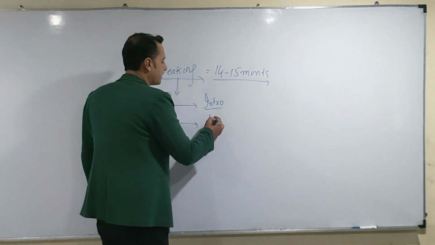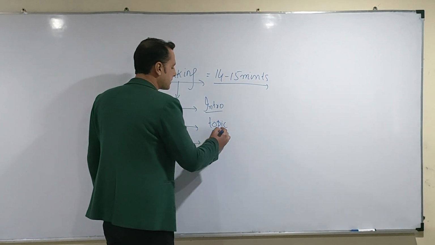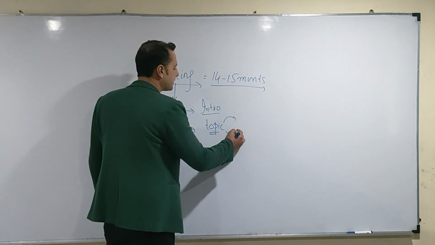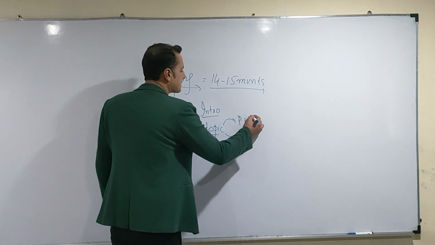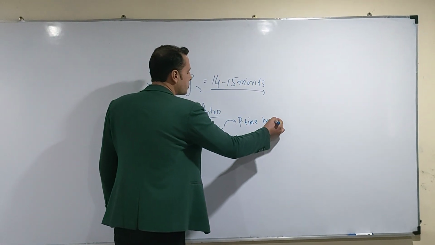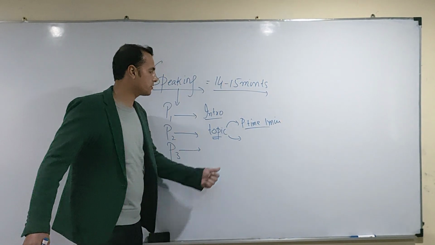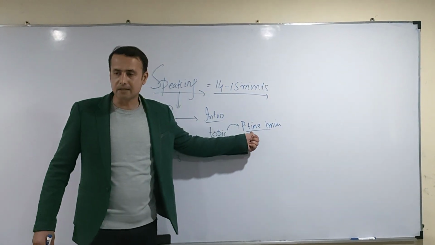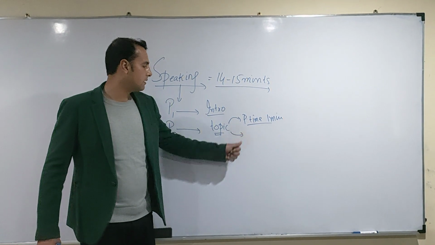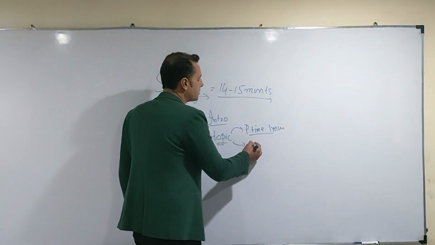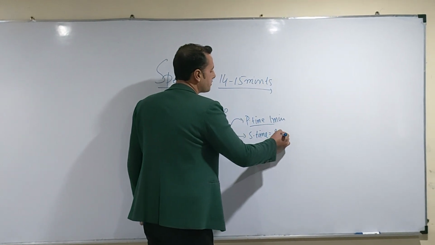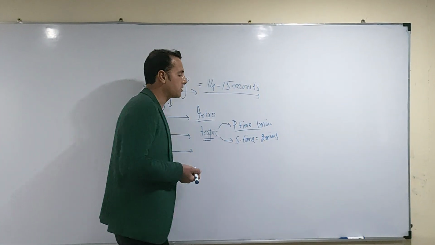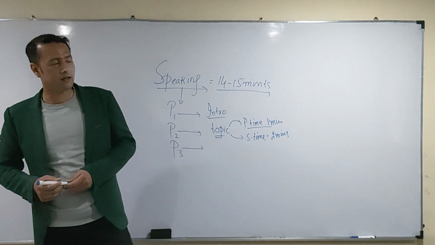Part 2 is where your real speaking test begins. Why am I saying that? Because in this part, the examiner will give you a topic, and for that topic you will have 1 minute to prepare. The student is supposed to speak on that topic for 2 minutes, which is the maximum.